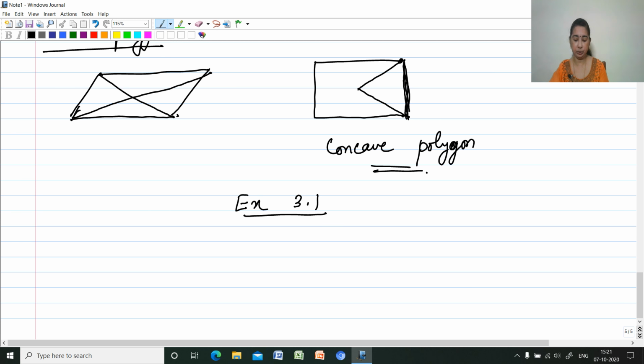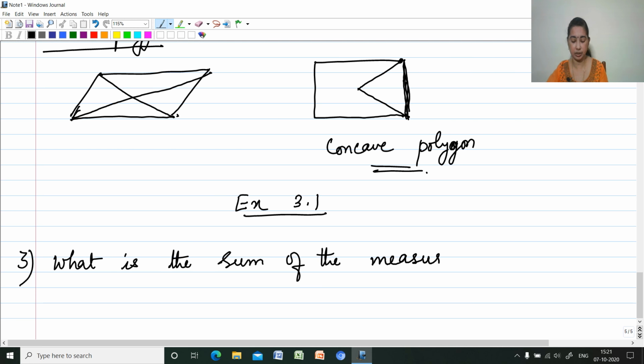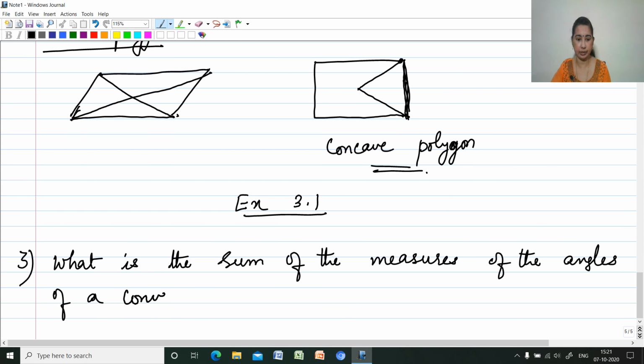Now we'll move on to question number 3. What is the sum of the measures of the angles of a convex quadrilateral?